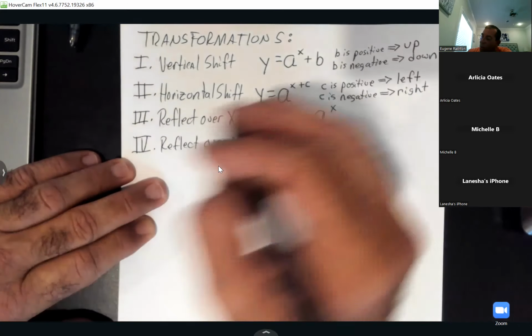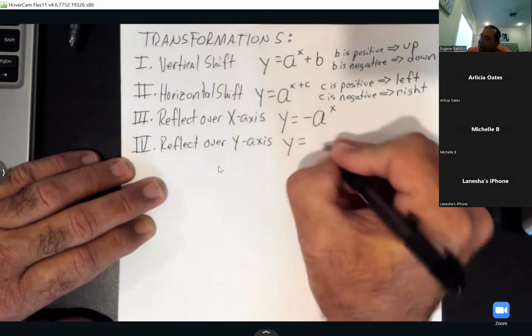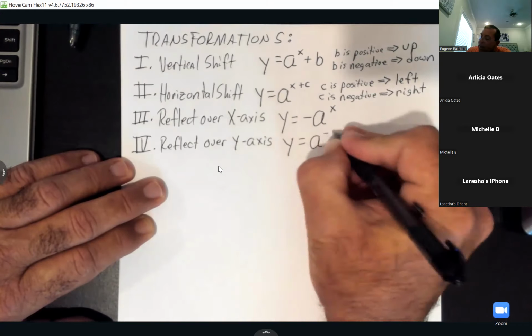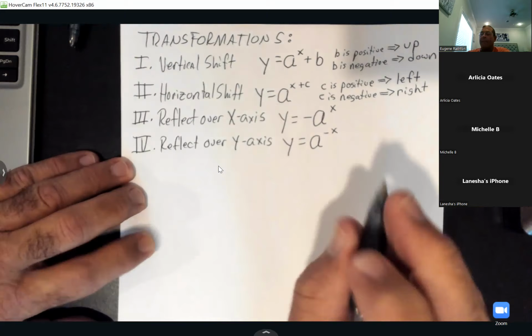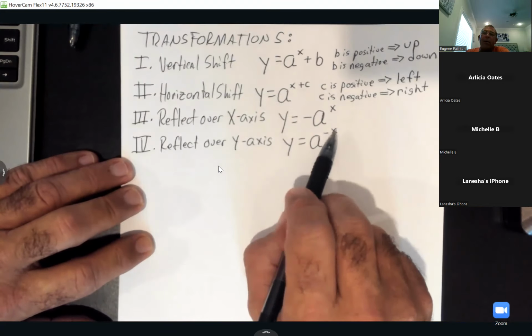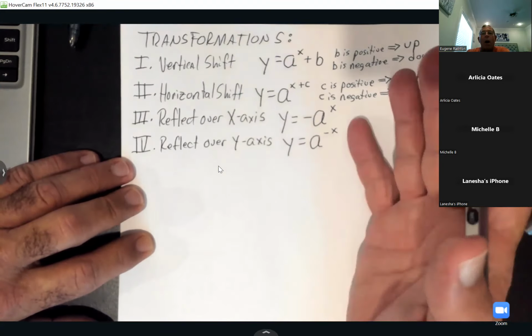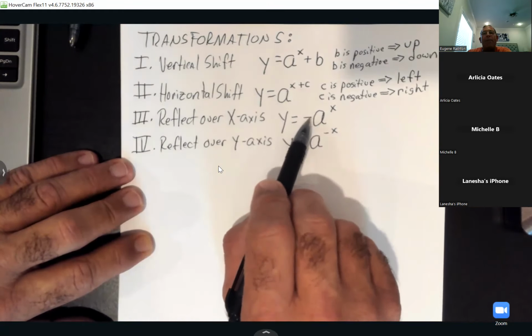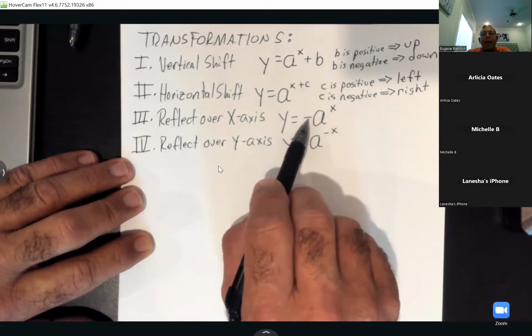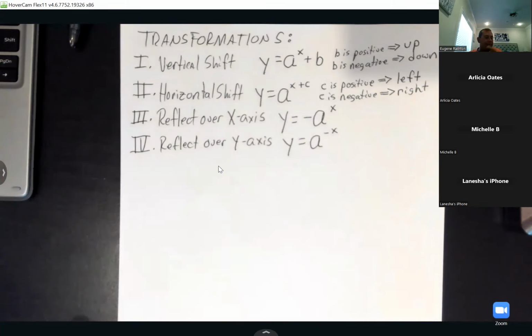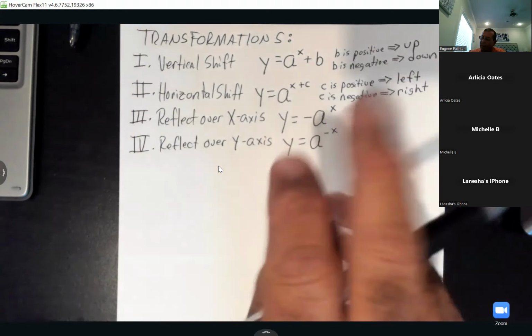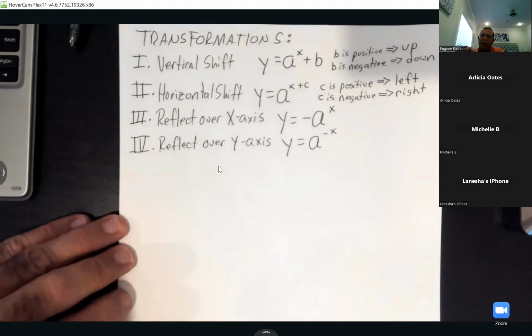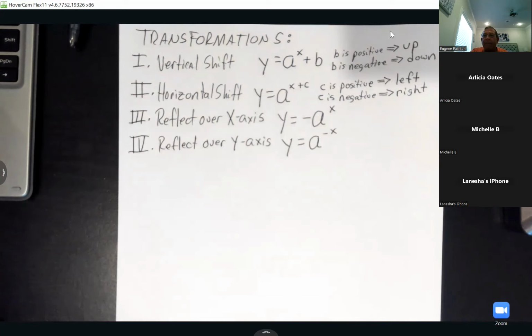So to reflect it over the y-axis, I make the exponent negative. So if my exponent is negative, it's going to reflect me over the y-axis. If I put the negative in front of the function, it's going to reflect me over the x-axis. So remember these moves because we're about to play with these in MathLab, okay?